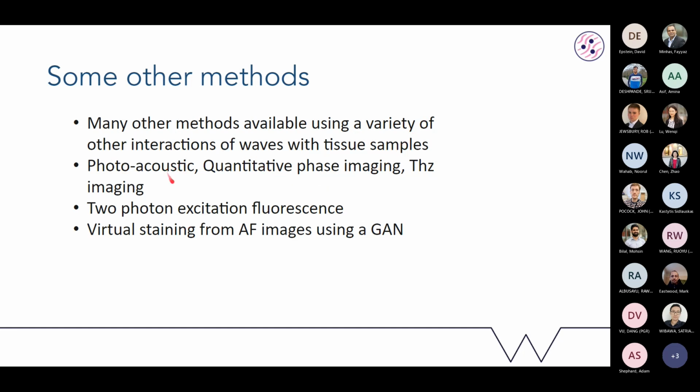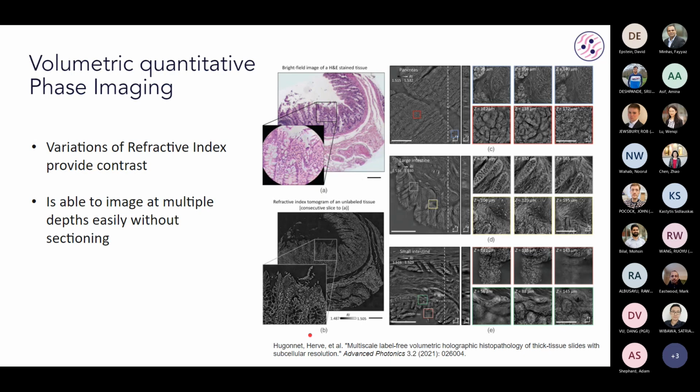So there's photoacoustic, where I think that's looking at when your tissue absorbs photons, it heats up slightly, which causes a small expansion, which can cause a kind of acoustic wave that you can detect and attempt to do microscopy based on that. Quantitative phase imaging, which basically provides contrast by looking at the varying refractive index of your tissue, and a few other things as well. So we'll look at a few of those in turn.